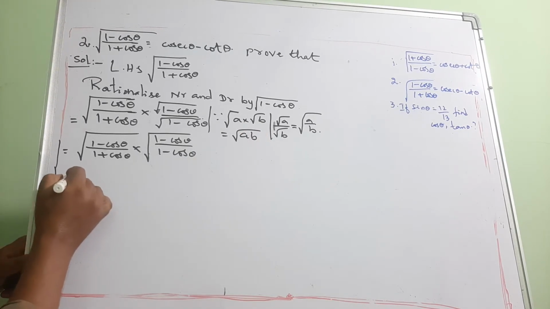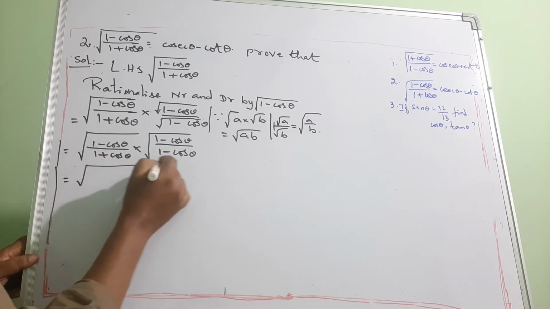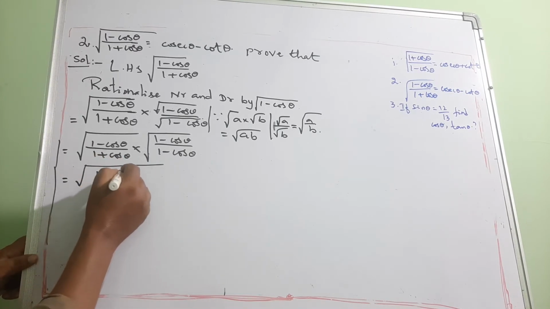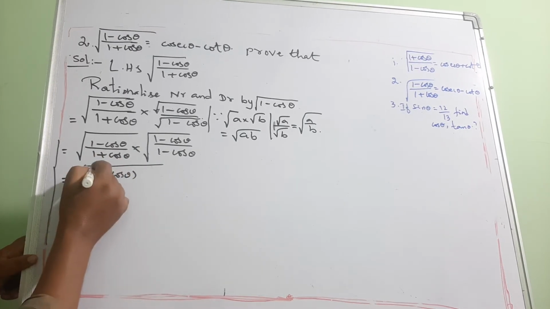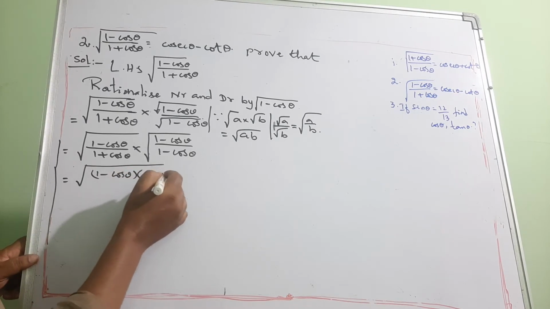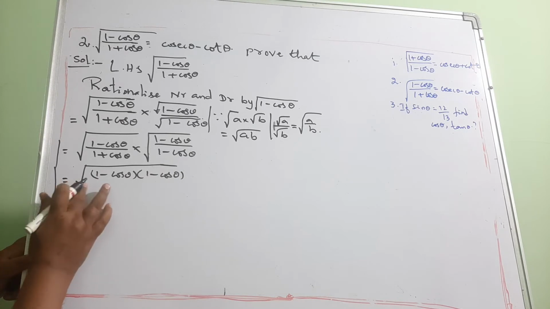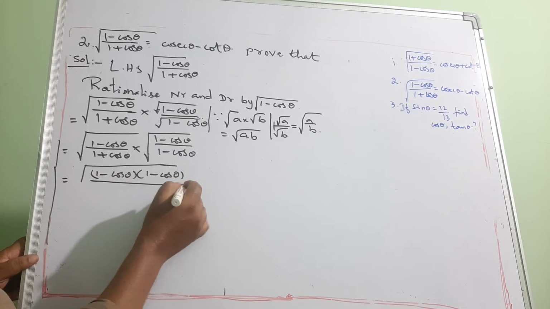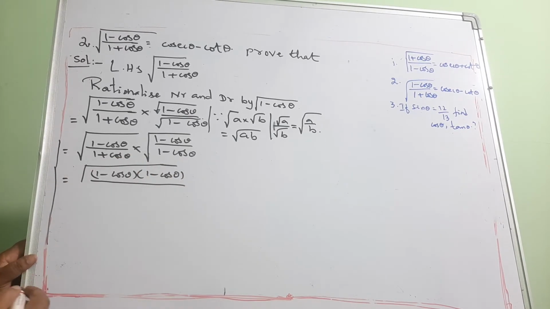So we write under root of 1 minus cos theta into 1 minus cos theta, divided by 1 plus cos theta into 1 minus cos theta.